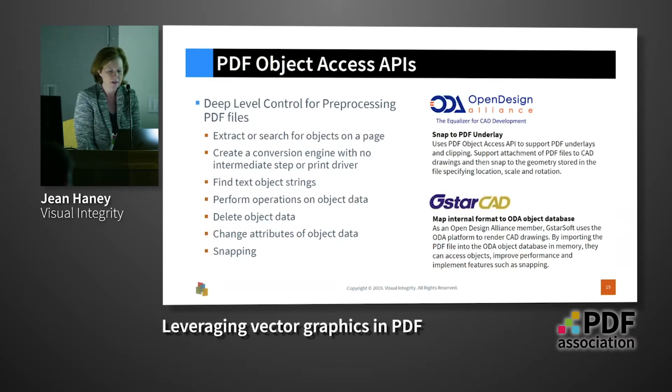They used it to create a PDF underlay for the format and to add clipping and snapping to their CAD platform. G-Star CAD mapped their internal format to the Open Design Alliance's object database so that they could then use the objects within, they could import PDF, and they could export PDF.